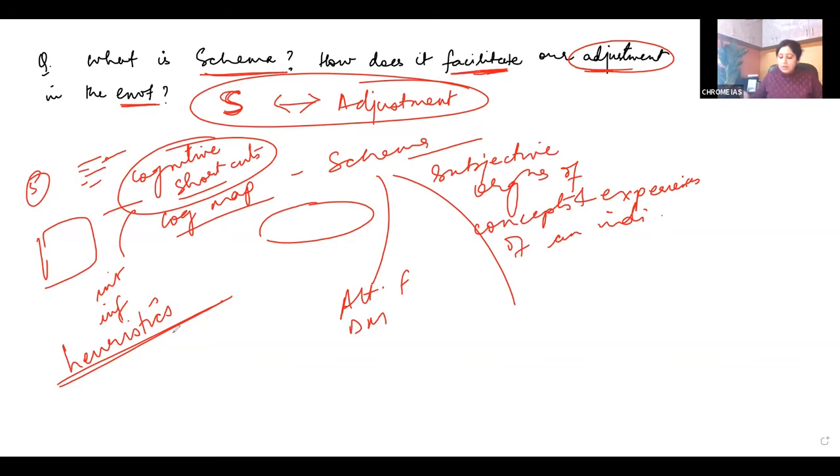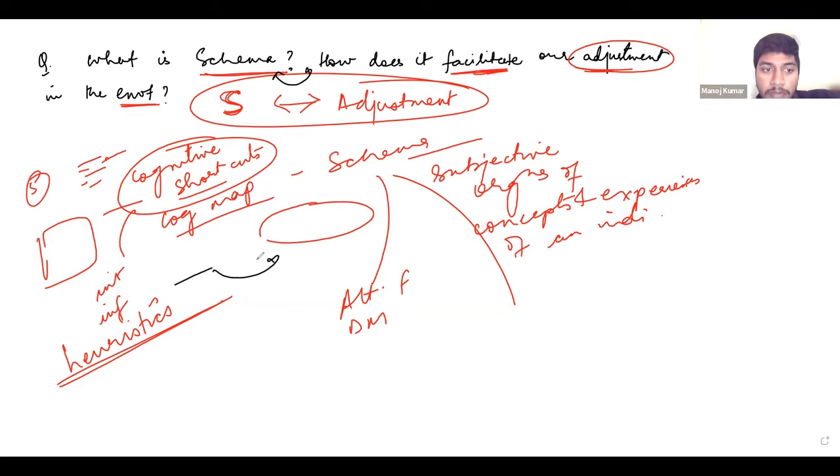What all functions would schemas be doing, or what can schemas be a basis for? Because you have to maintain the connect between the two aspects being asked. We have to cleverly take the definition of schema towards adjustment, because only then will the flow be maintained in the answer.